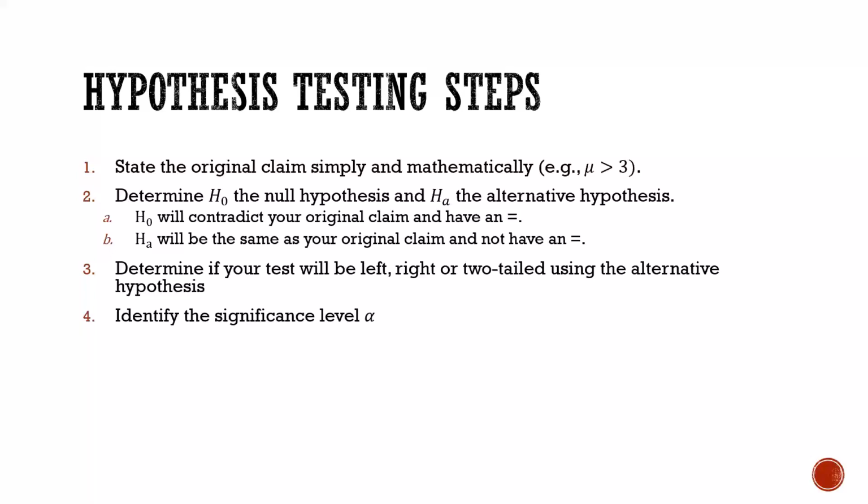Now, I'm going to add another step here. Before, each section we were talking about the same thing, right? So here you have to know what type. Before I would say calculate the test statistic. But sometimes your test statistic was Z. Sometimes it was P, right?